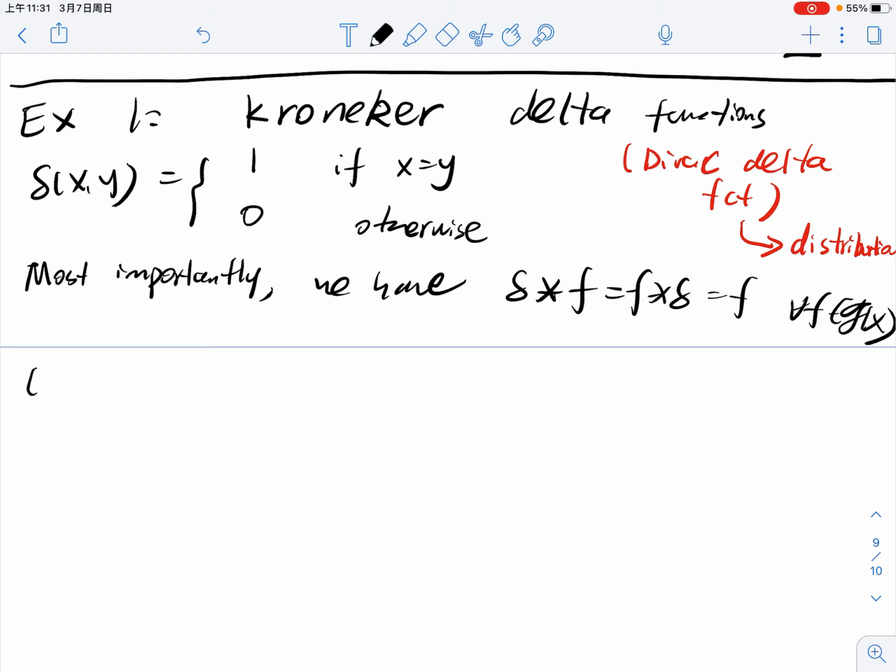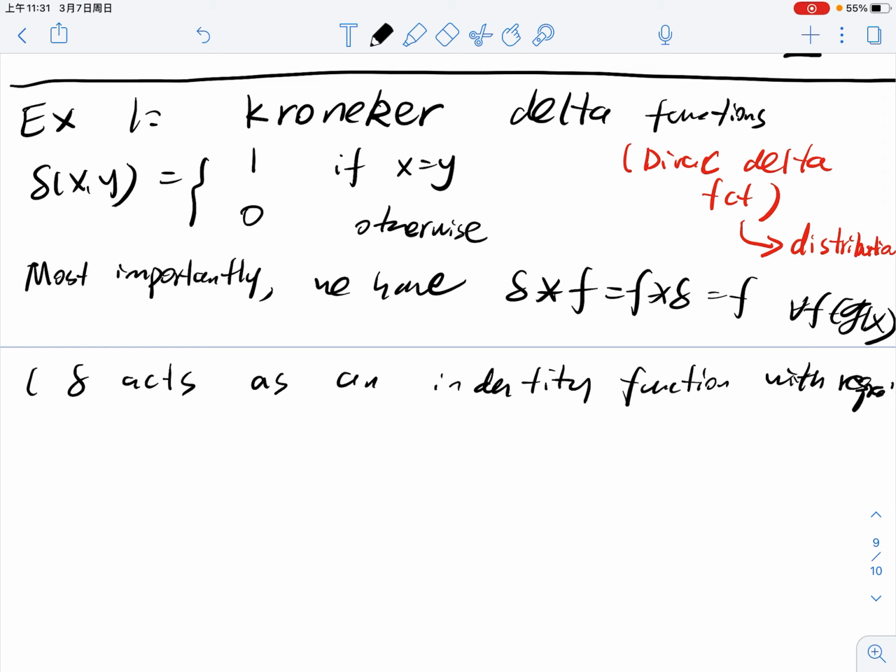Or in other words, delta is an identity function with respect to the convolution product.